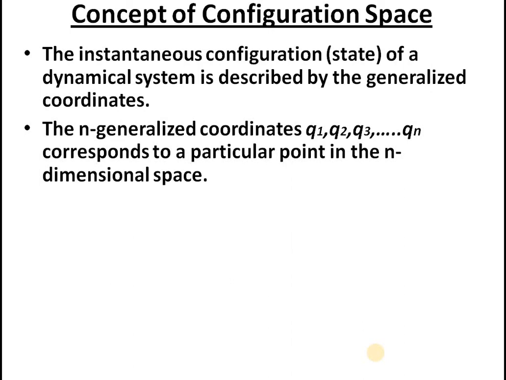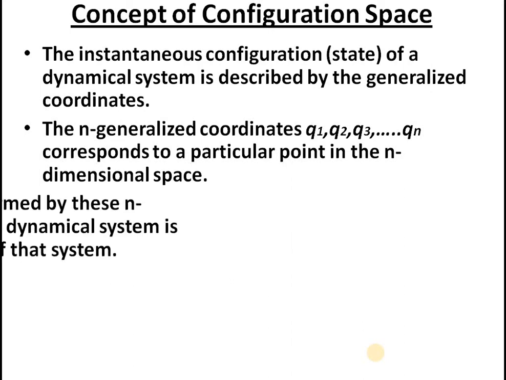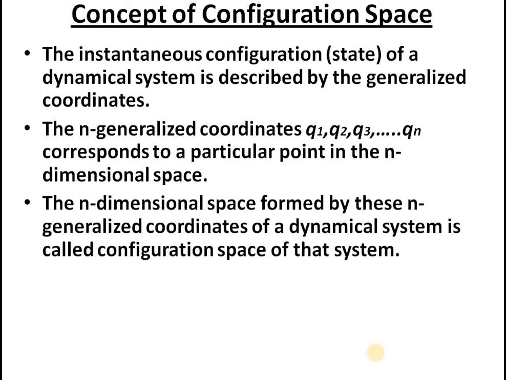That is the difference. So any space made with the generalized coordinates is called configuration space, which is required to describe the motion in a simple way. That is the purpose of configuration space. It is in fact an n-dimensional space formed by these n generalized coordinates of a dynamical system. That space is called configuration space.